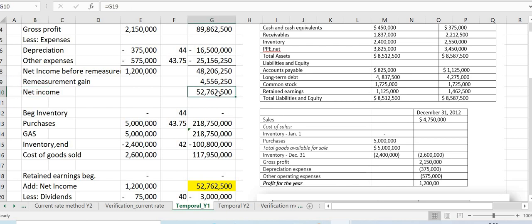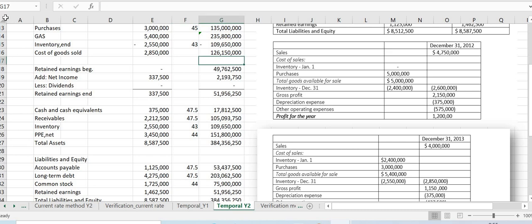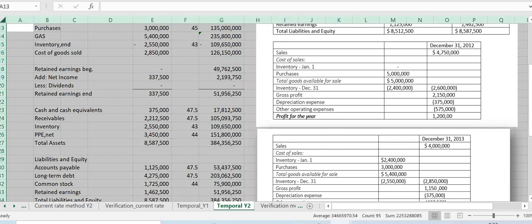That's the 52,762,500 net income less the net income before remeasurement of 48,206,250. So you have a remeasurement gain of 4,556,250.